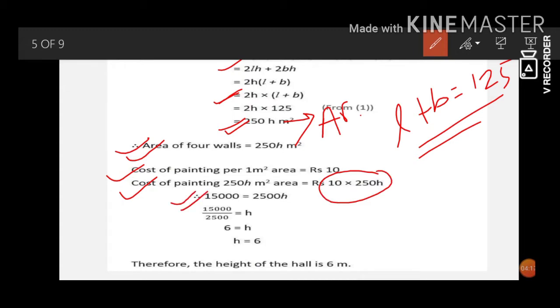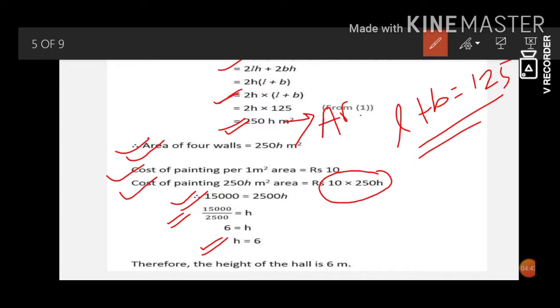So according to the question, we will get 15,000 equals 250 into H into 10. If we solve for H, we will get 15,000 divided by 2,500, which equals H. H equals 6. So we get the height of the hall as 6.